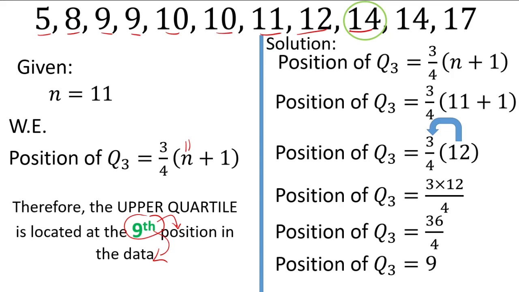So in this case, if you are asked for the position, the answer is 9th. The upper quartile is located at the 9th element of the whole distribution. Now, what is the value of that 9th position? The value of that 9th position is 14. Therefore, the upper quartile has the value of 14.